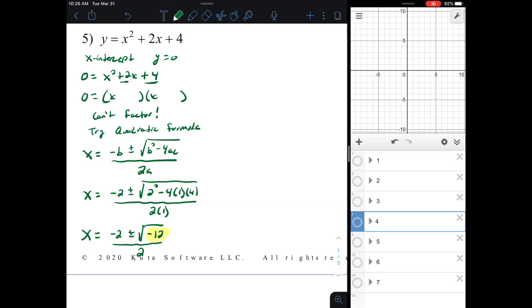So because I can't get a real answer, this means we have no solutions. Back in the context of an x-intercept, this graph actually has no x-intercept because we could not solve and get a real answer.